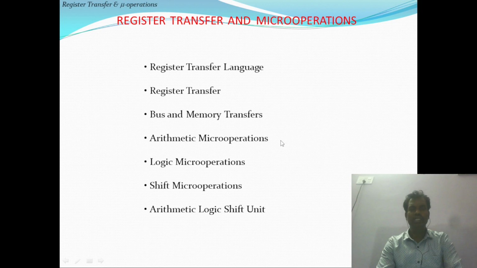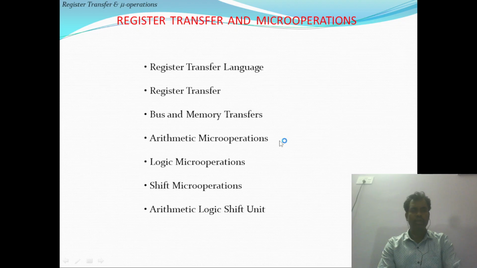The basic micro operations are going to be discussed here: arithmetic micro operations, logical micro operations, and shift micro operations. Arithmetic operations may be very complicated, but an arithmetic micro operation is a very basic arithmetic operation done at the register level.